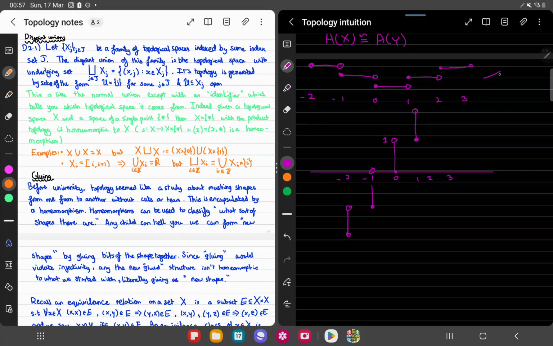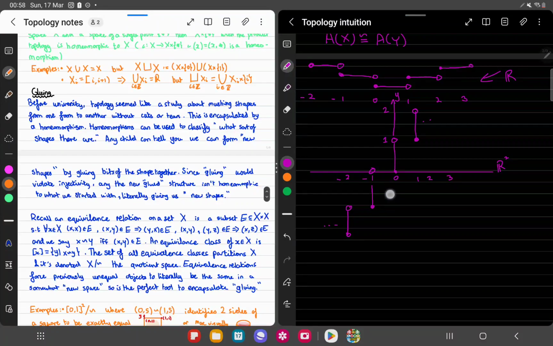Here it collapses all down to R, whereas here there's nothing to really collapse it down to, because all it is is unions of these things, and these things are just actual objects in R squared space. So actually, if I drew this properly, this would be y here, and these would all be sort of like coordinates. So there would be 2 here, and so on and so forth. I can kind of go left, I can kind of go right. Okay, that's left and that's right. Okay, so that's disjoint unions.